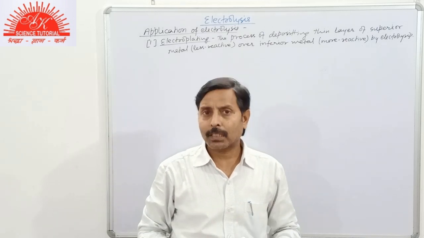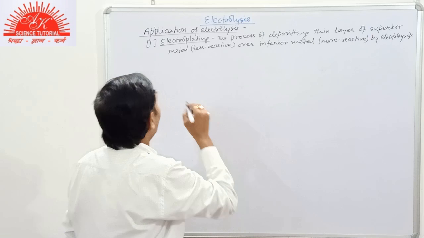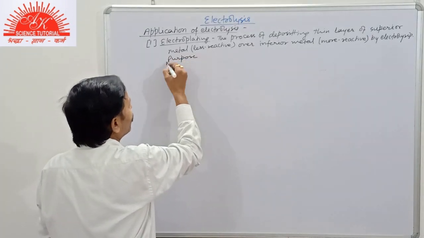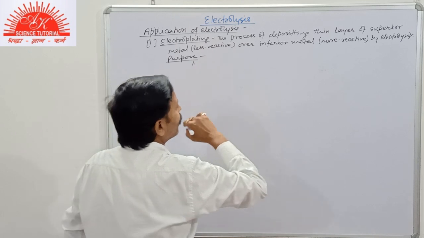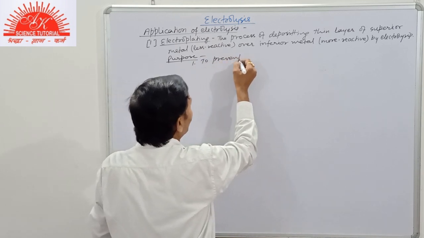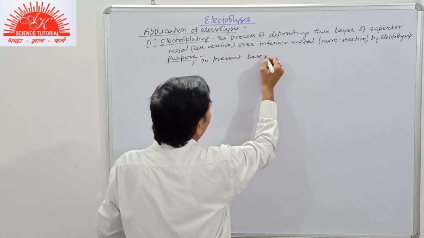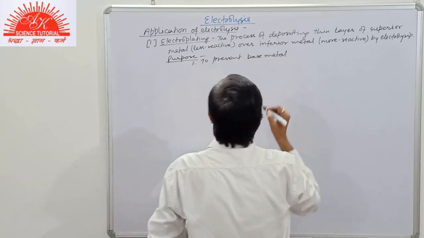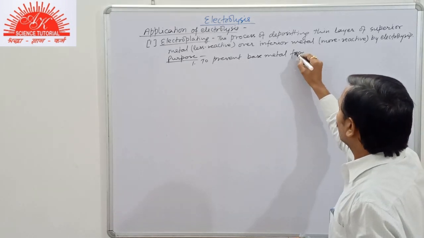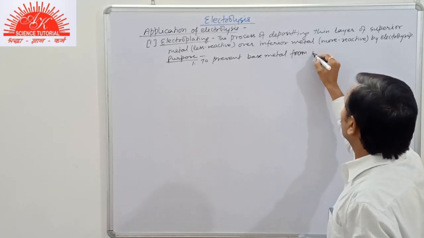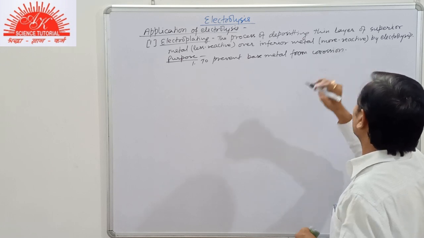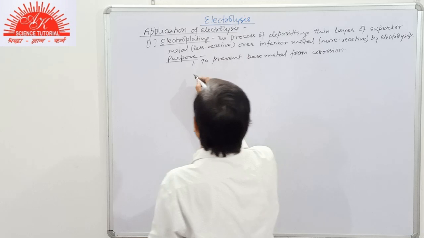Now what is the purpose of electroplating? Why is this process used? There are two main purposes of it. First, to prevent the base metal, that is the metal article, from corrosion, that is rusting.